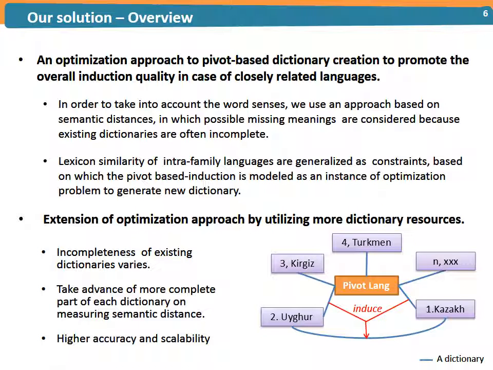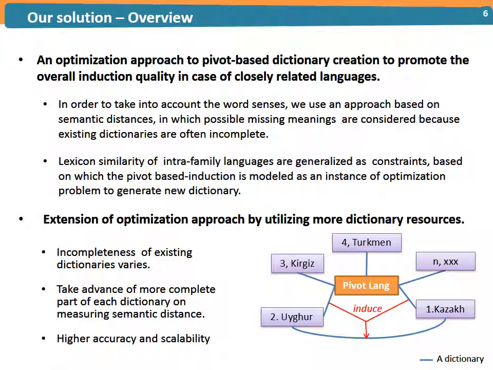In our paper, we proposed a constraint optimization approach to pivot-based dictionary induction to promote the overall quality in the case of closely related languages. Our approach does not require external resources, but in order to take into account the word senses, we use an approach based on semantic distance, in which possible missing meanings are considered because existing dictionaries are often incomplete.